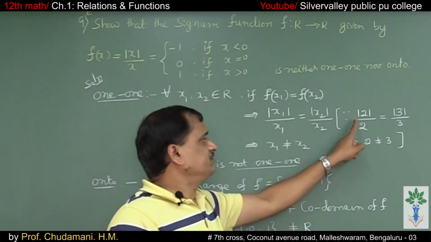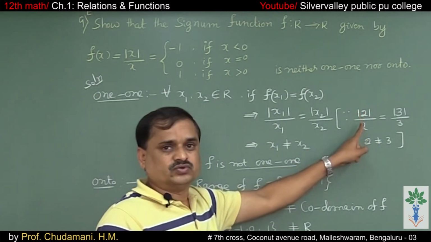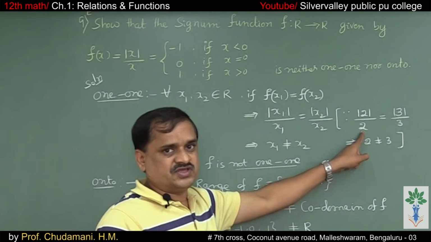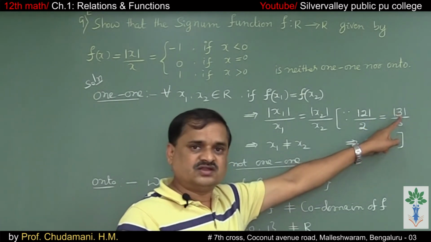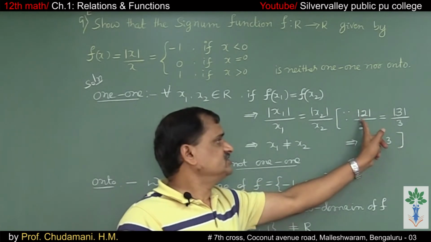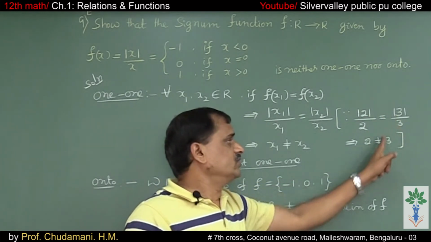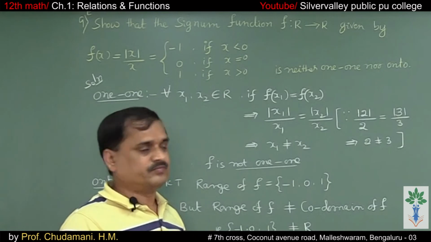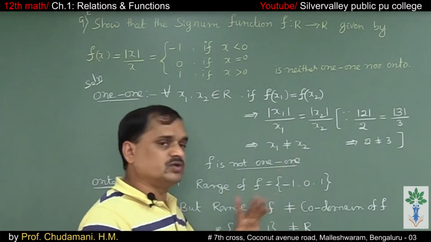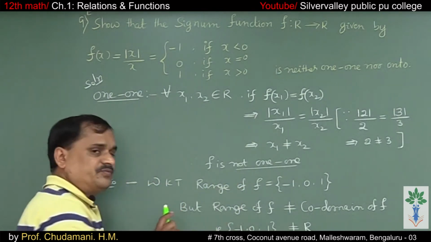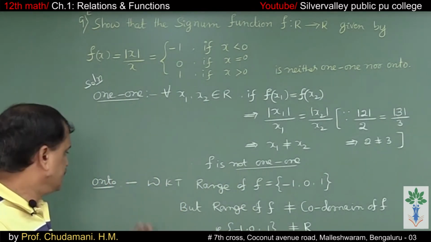For example, modulus of 2 is 2, 2 by 2 is 1. Modulus of 3 is 3, divided by 3 is 1. This is 1, this is also 1, but 2 and 3 are not same. So, in spite of these two being equal, x1 and x2 are not equal. That's why f is not one-one.